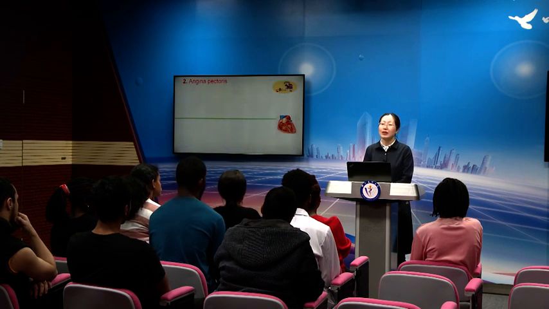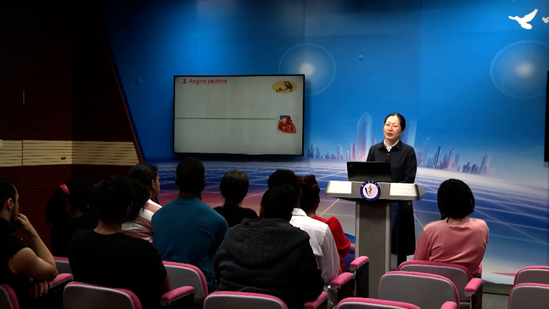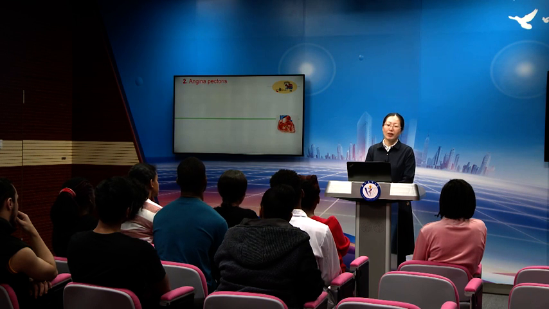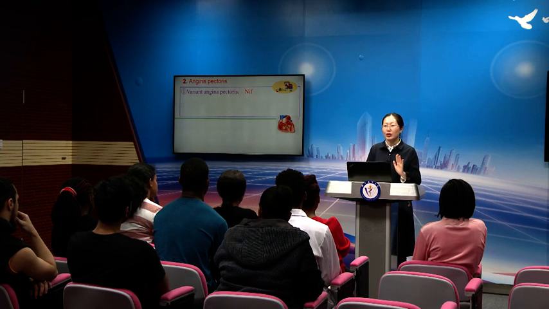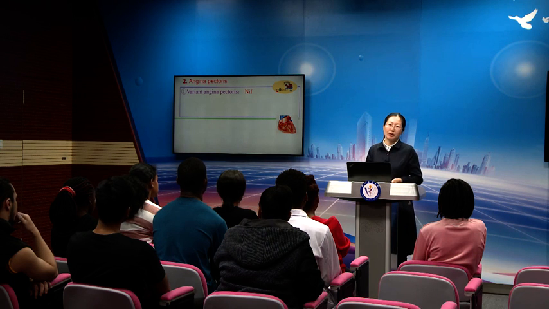The second clinical use of CCB is the treatment of angina pectoris. We know most patients have stable angina, but in a few patients, we don't know the reason, maybe the patient sits here or falls asleep, suddenly pain. We call them variant angina.